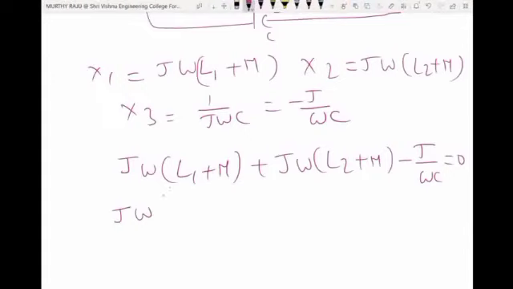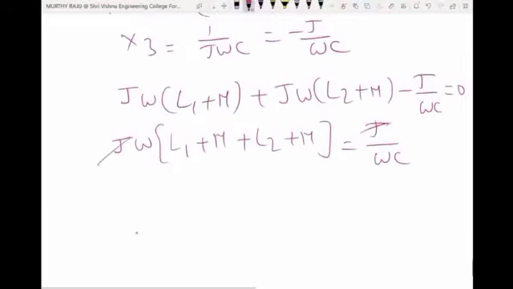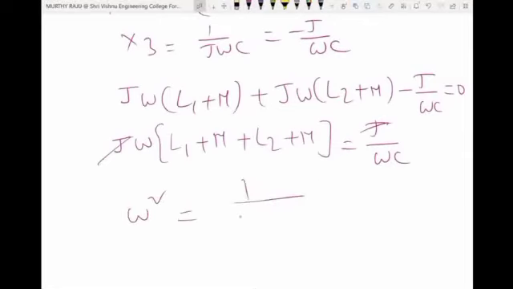j omega is a common term. L1 plus M plus L2 plus M is equal to j by omega C. J cancelled. Therefore, omega square is equal to 1 by C into L1 plus L2 plus 2M.